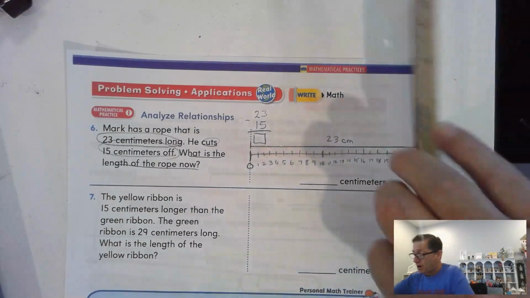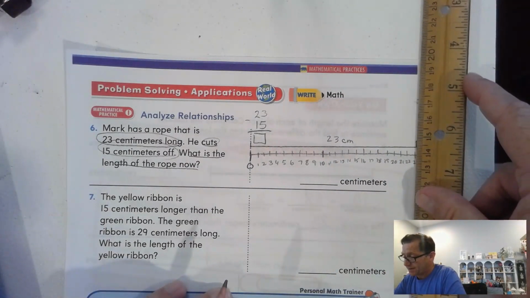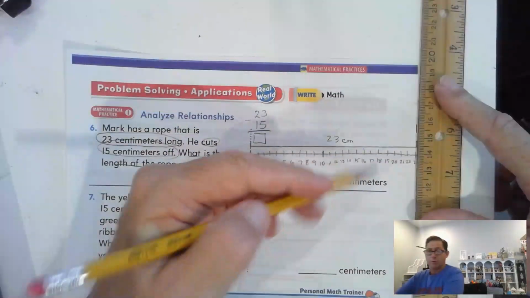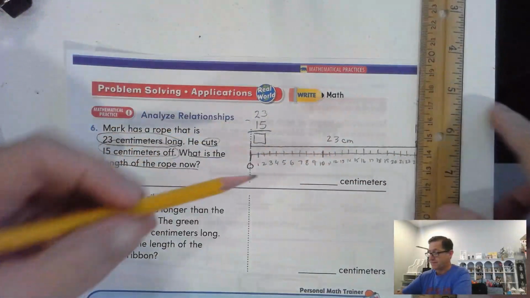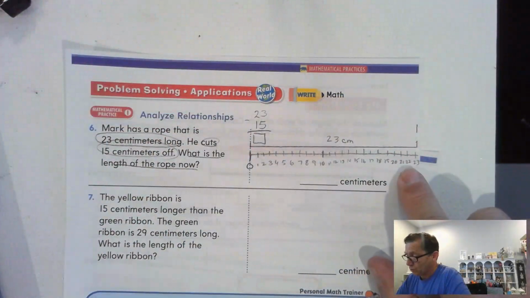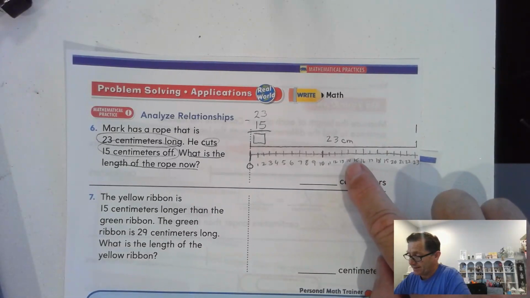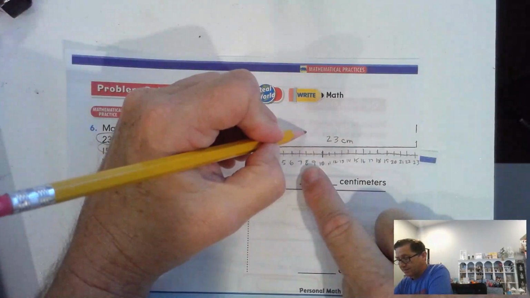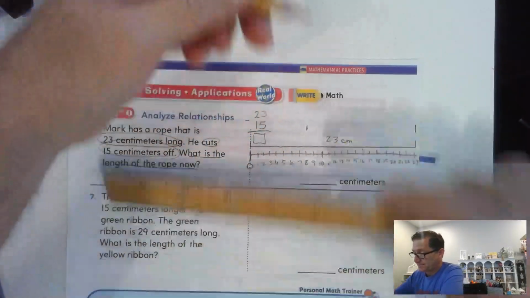The length of his rope was 23 centimeters, but now he cut off 15 centimeters. So that means we have to take away. We can draw that on our model by going from the right-hand side, the length of the rope, and counting back 15. 1, 2, 3, 4, 5, 6, 7, 8, 10, 11, 12, 13, 14, 15. That puts us at 8 centimeters.